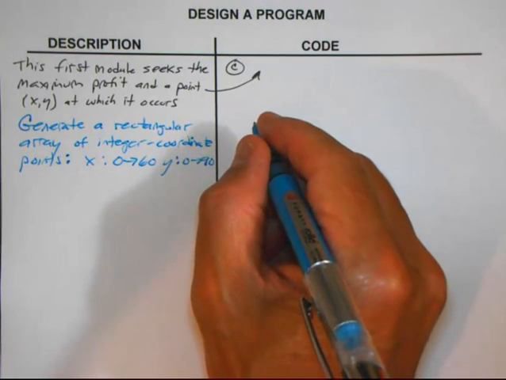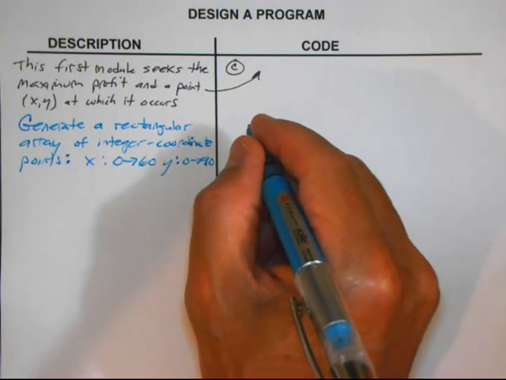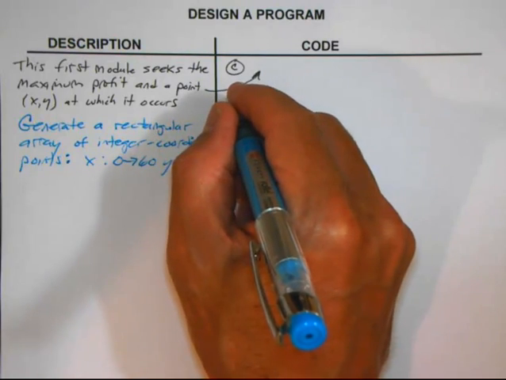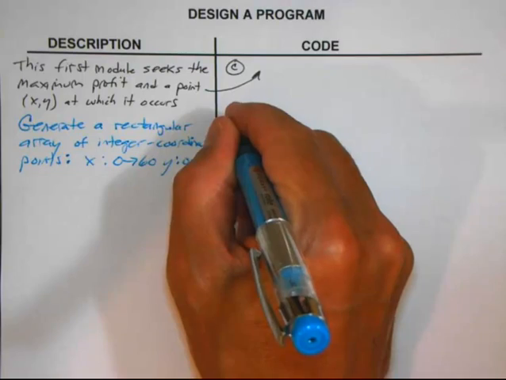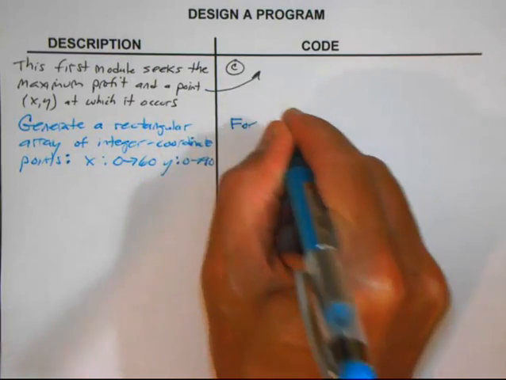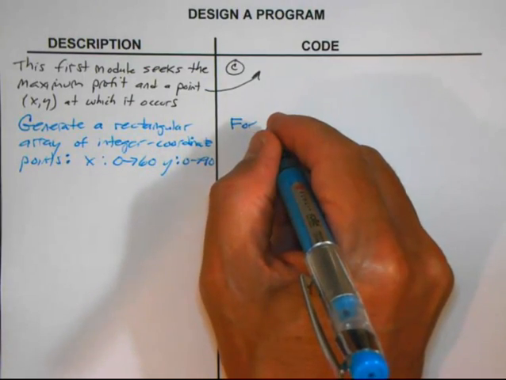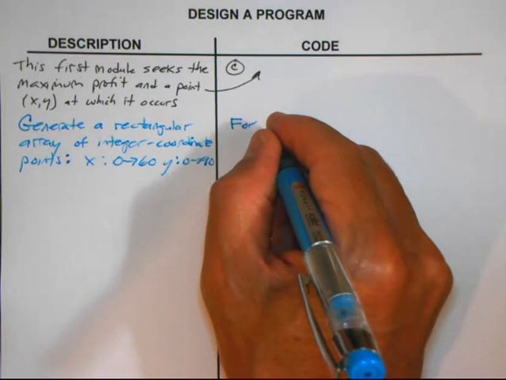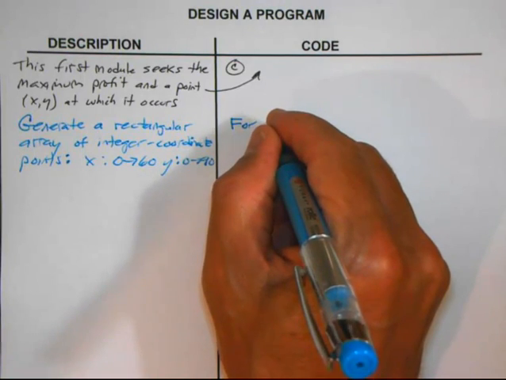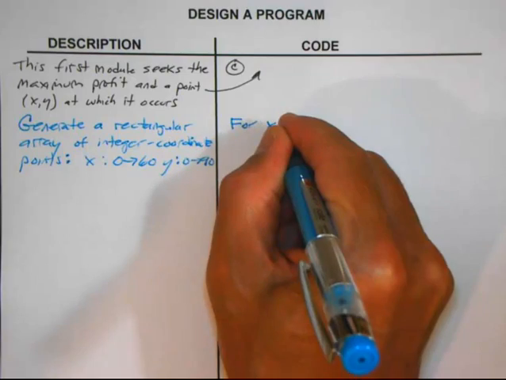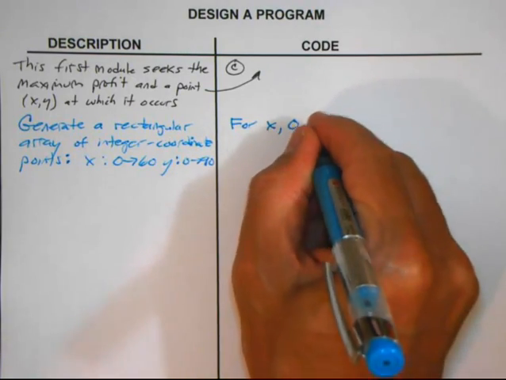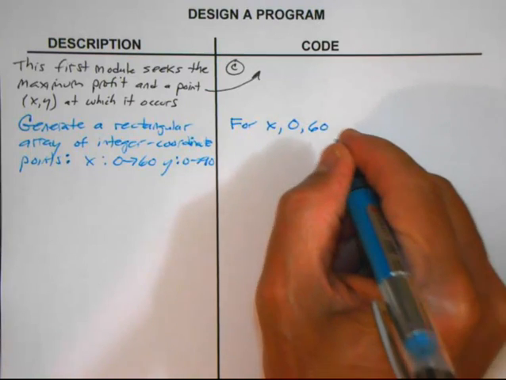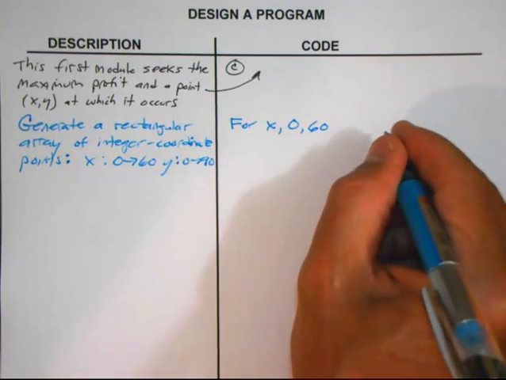We can use counter loops to do this, and the coding for that is, first of all, a for loop. Making x go from 0 to 60 in integer increments, we would first identify the variable, the starting number, 0 in this case, the end number, 60 in this case, and the default increment is 1.